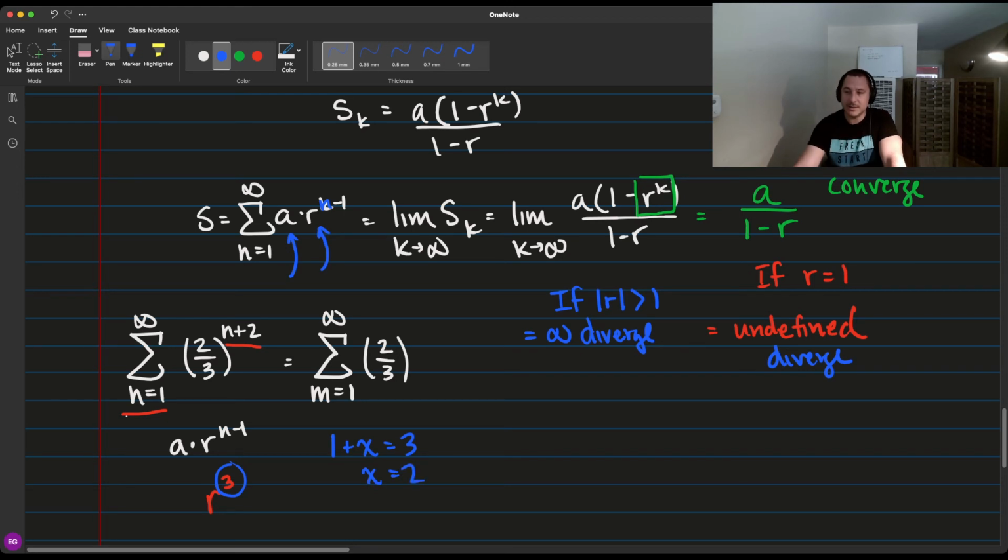So what I want is... I guess we should start backwards here. My bad. We don't know what m will start at. I want this to be m minus 1. Okay, what does m minus 1 have to be equal to? 3. So I would need my m to start at 4.